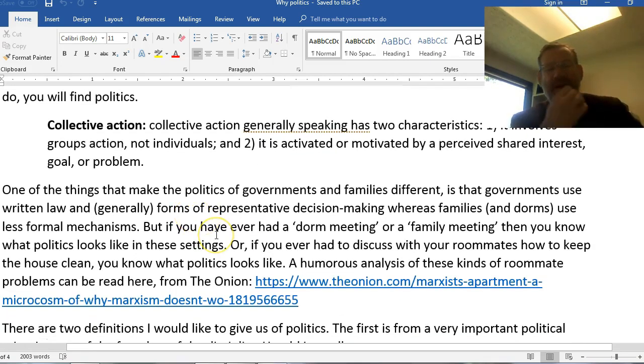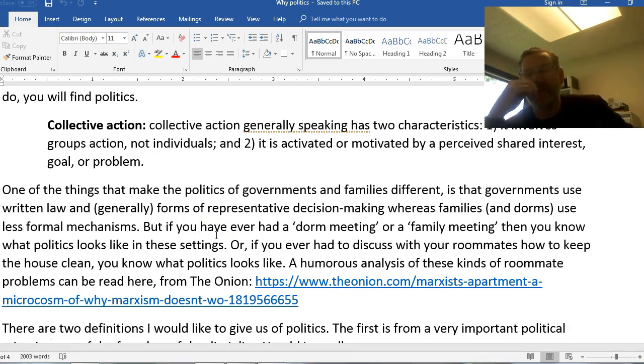Anytime, like if you live in a dorm or you have roommates or something like that, trying to get the house clean is a collective action problem. We have a set of responsibilities. We all share the house. The house is a public good in some sense. And it's a collective action problem to figure out how to get the dishes done, the floors mopped, all of that.